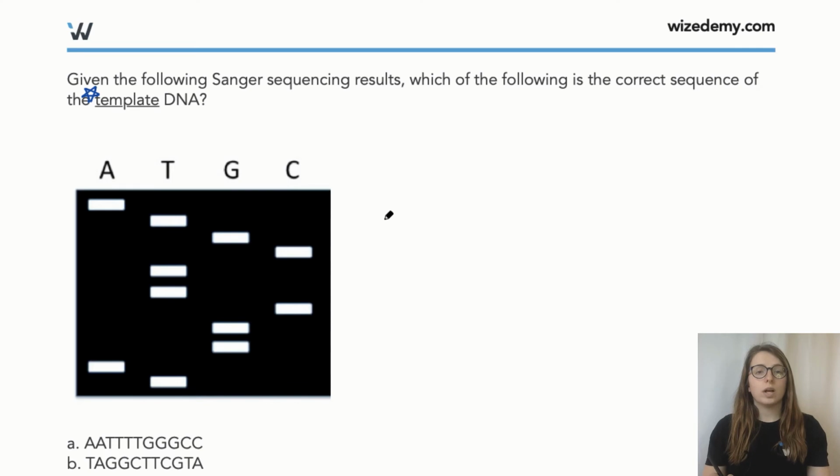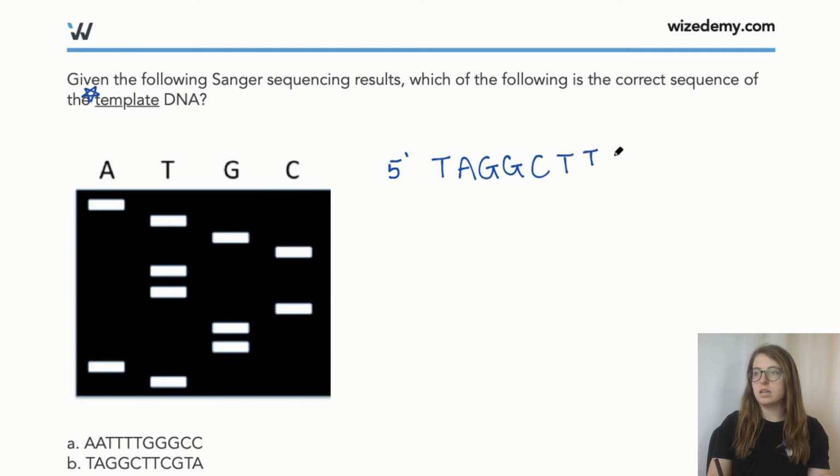So let's figure out what the 5' to 3' DNA looks like based off of our results. So we're going to go from bottom to top, where we know that 5', the smallest one, is going to be a T. Then we're going to have an A. Then we're going to have 2 G's next to C, then 2 T's next to C, then G, T, A. So we're not done yet.